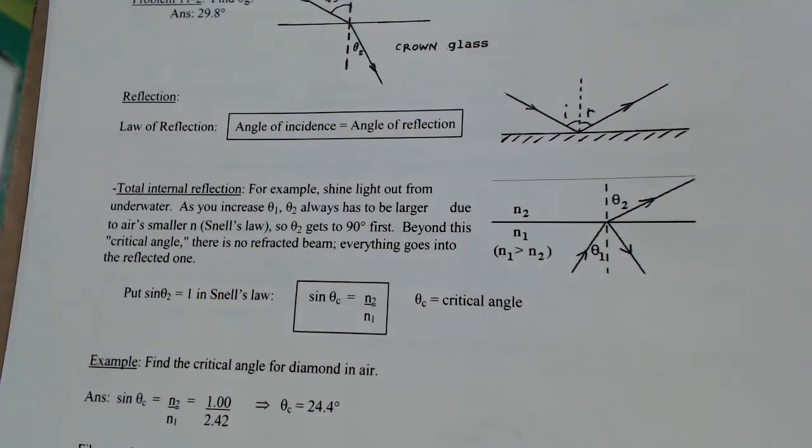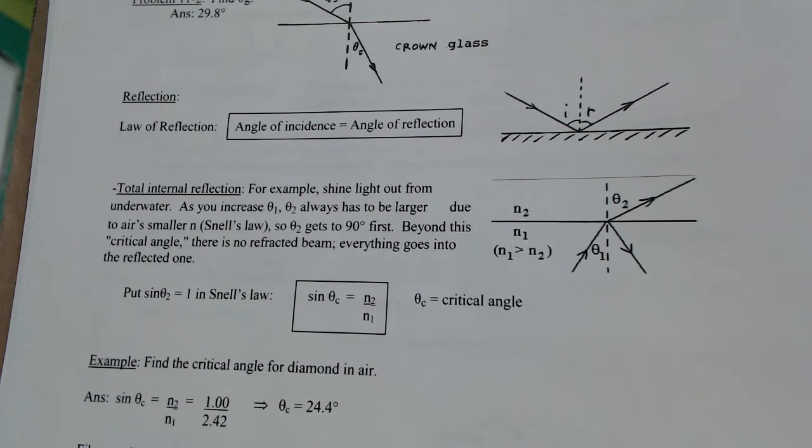Since it's horizontal, you might want to think of it as being the surface of a pond, or it could be a mirror. If it's the bathroom mirror on your wall at home, you just have to turn the picture sideways.